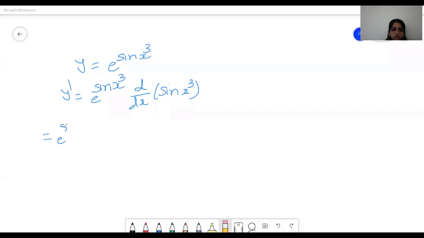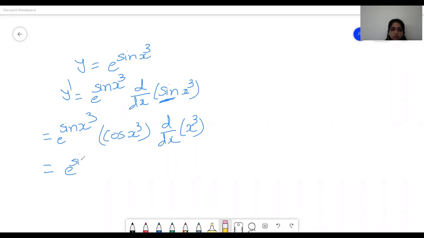Here our main function is sine, x cube is our theta. So cos theta will remain the same, and then again apply the chain rule d by dx of x cube. So e raised to sine x cube, here cos x cube, and the derivative of x cube is 3x square. Okay.